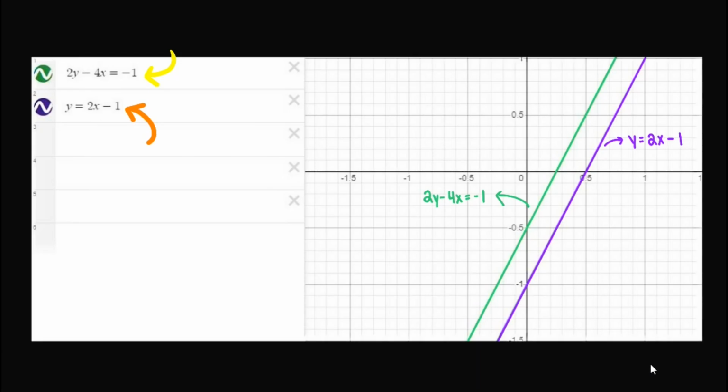So that is a nice application of parallel lines, since given one of the equations, we can determine a line parallel to it just by knowing one point on it.